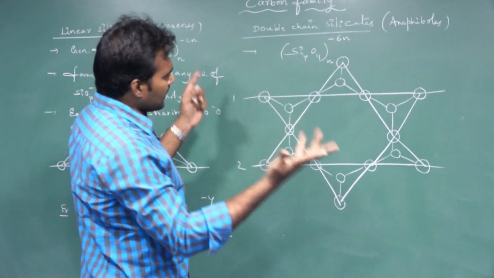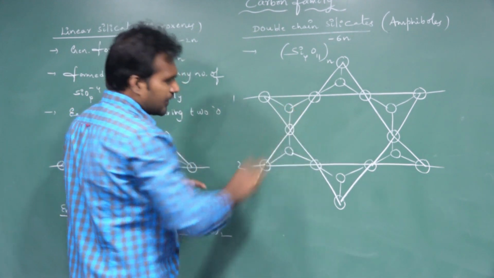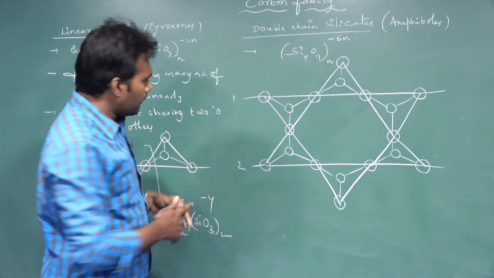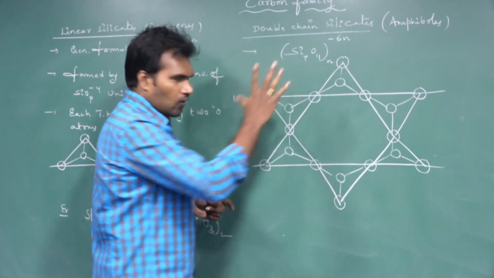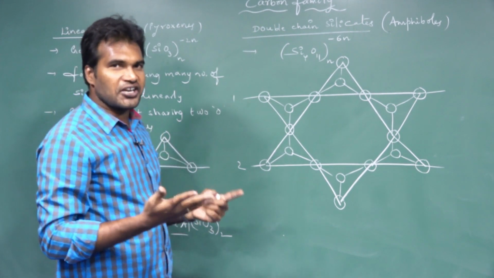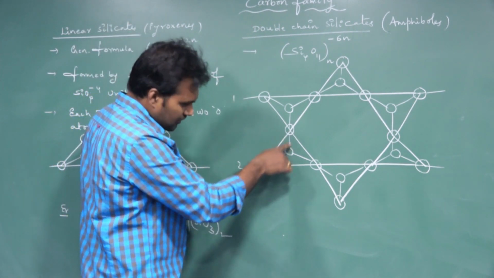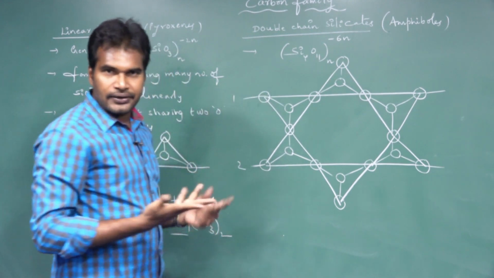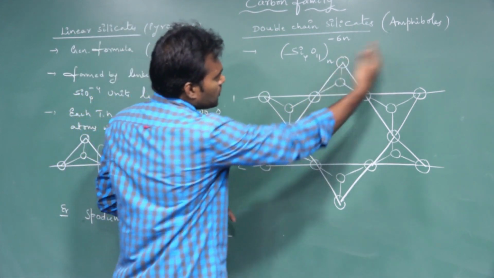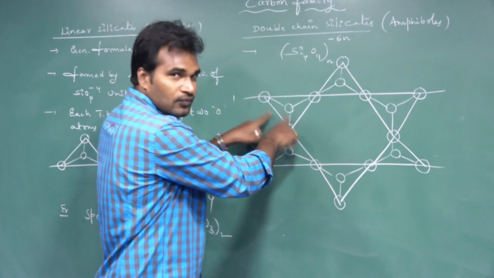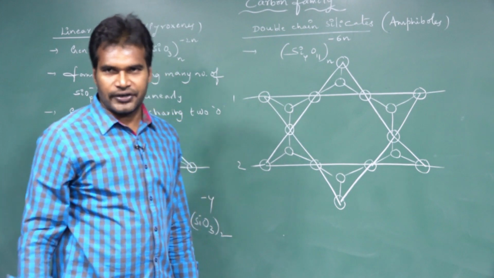Now you take any of these intermediate tetrahedral units, either this one or this one. Tell me how many oxygens are sharing. This oxygen is shared with this tetrahedral unit, this oxygen is shared with a neighboring tetrahedral unit, and this is also shared with this one. So total 3 oxygen atoms are shared by each such tetrahedral unit.